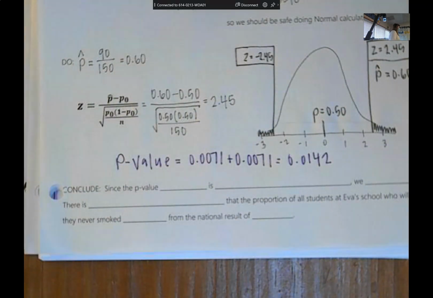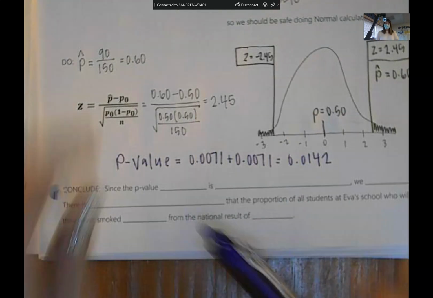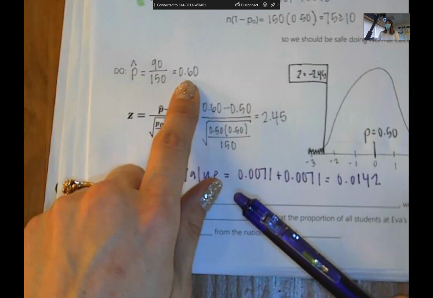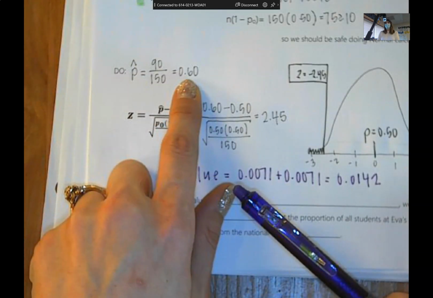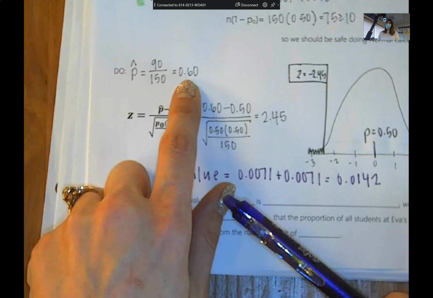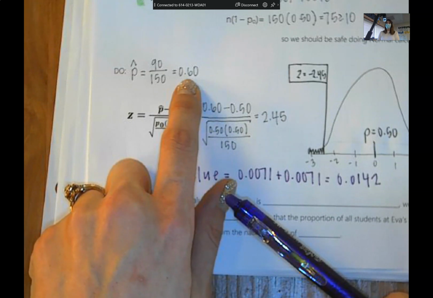So 1.42%. What we found is that if our school matches the CDC, the chances we would have gotten this sample are very, very low. So that must mean that we don't match the CDC's value.